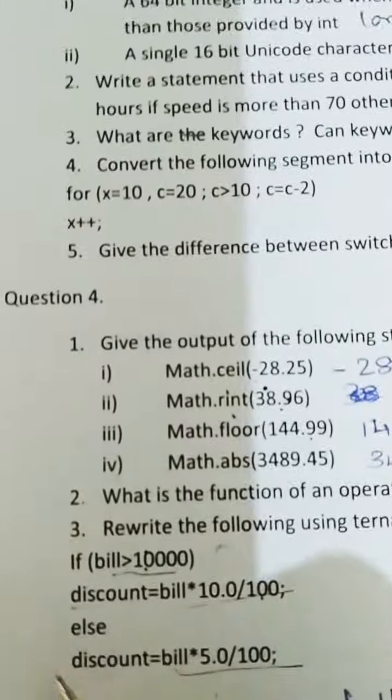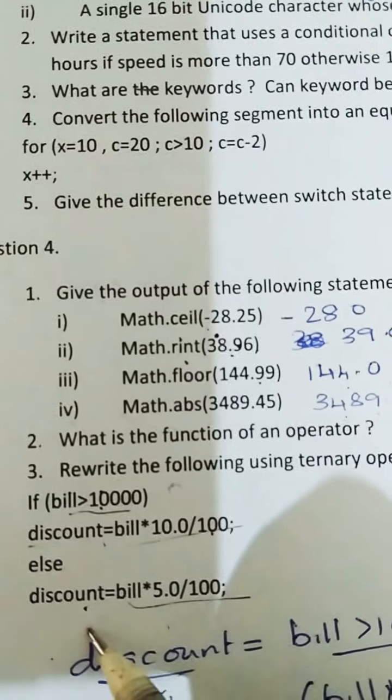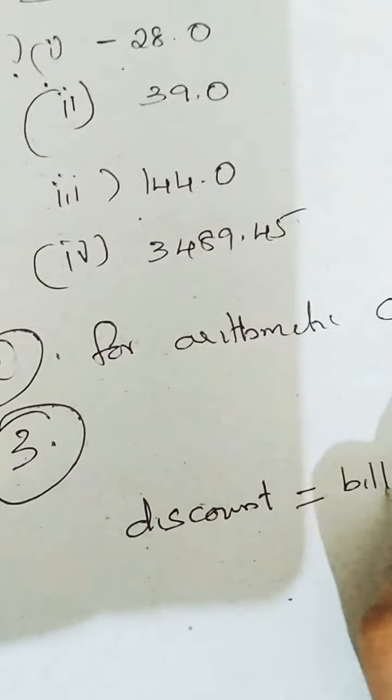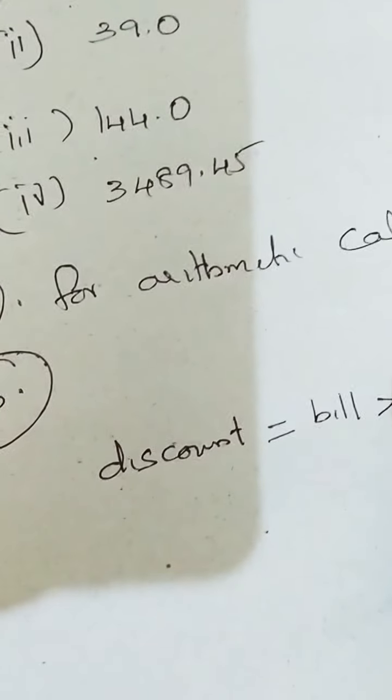So for that question we will write discount first, because it is repeating 2 times. We will not repeat it. Discount is equal to, you have to check the condition, bill is greater than 10,000.